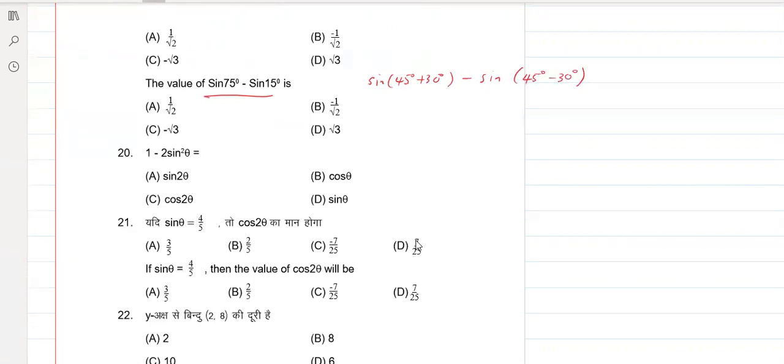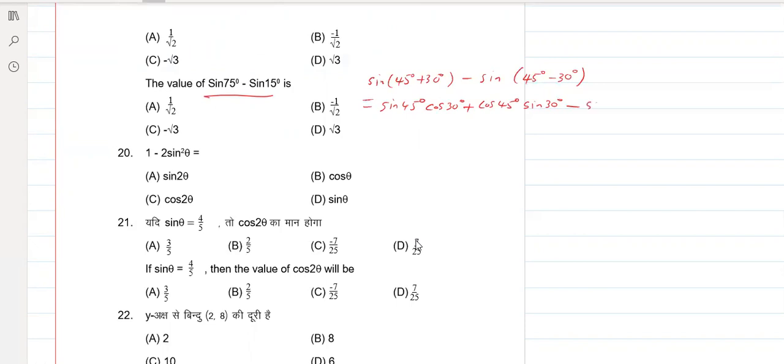That's 75 degrees, which is equal to the expansion for sine 45 plus 30: sine 45 cos 30 plus, the sign remains the same, cos 45 sine 30. Let us expand this at one time so we can have some terms cancelling out.